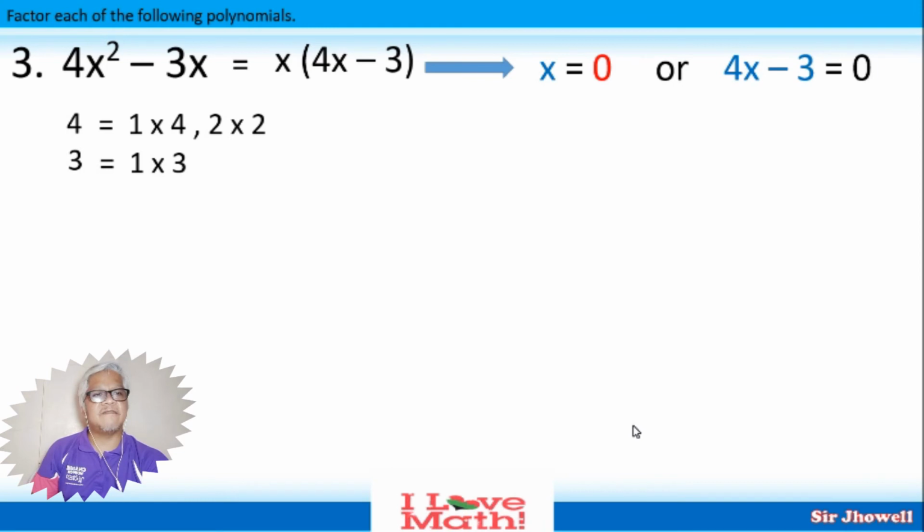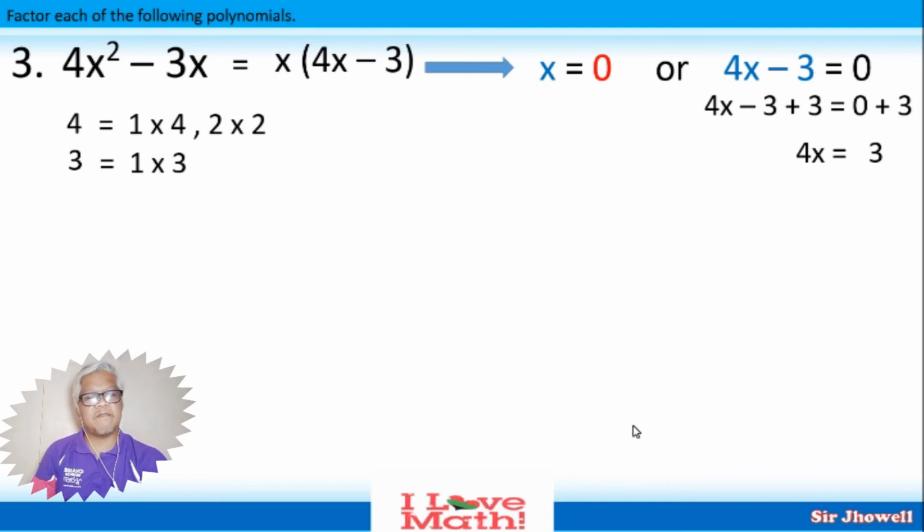Kunin natin yung isang value. 4x minus 3 equals 0. Magiging 4x minus 3 plus 3 is 0 plus 3. Ini-apply natin yung addition property of equality to remove negative 3. So, ang mangyayari, 4x equals 3. Now, if you look at 4x equals 3, may kalapit yung x na 4 or may coefficient na 4 yung x.